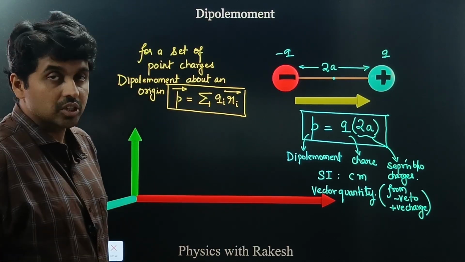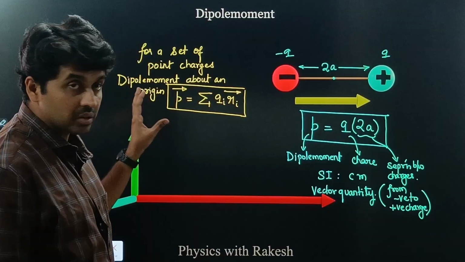So this is the definition of dipole moment for a set of charges about the origin.